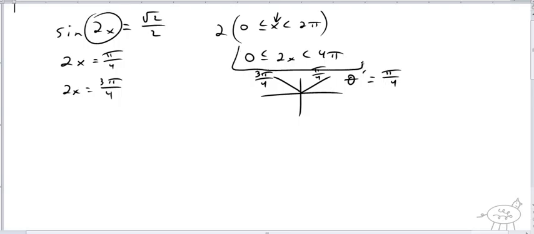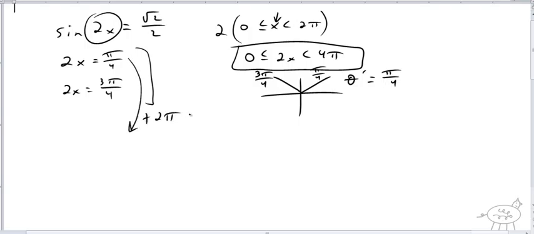Now, if you take a look at this again, 2x is between 0 and 4 pi. Do you agree that these are definitely between 0 and 4 pi? What else can I do? I have additional answers, which we get by adding 2 pi, coterminal. So I can say 2x equals 9 pi over 4, and I can also add 2 pi to the other one, so 2x is equal to 11 pi over 4.